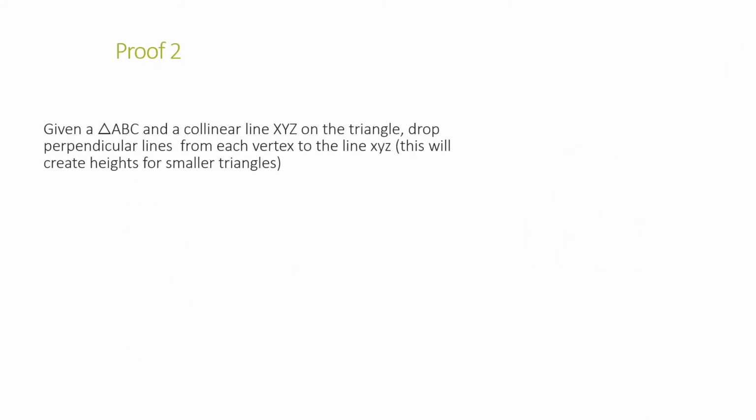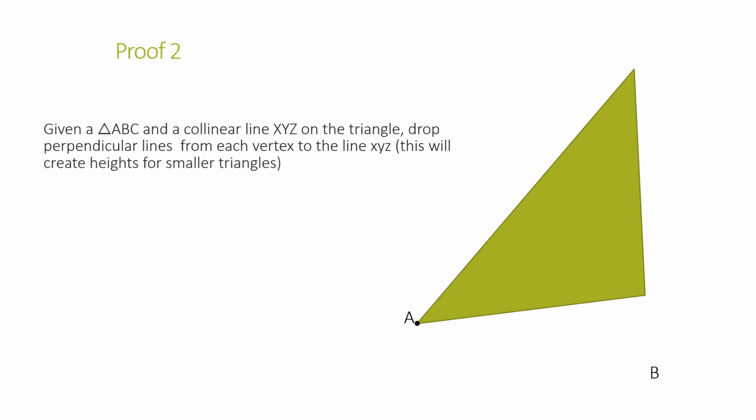Another proof for the Menelaus theorem is that given triangle ABC, and a collinear line XYZ on the triangle, dropping perpendicular lines from each vertex to the line XYZ will give you heights.